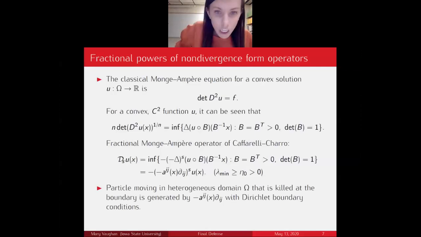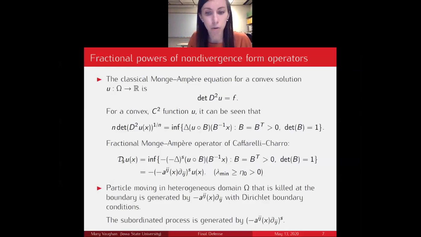Another place we see these operators is in the theory of diffusion processes. If we consider a particle moving in a heterogeneous domain that is killed when it leaves the boundary, so it is terminated there, this process is generated by a non-divergence form operator with Dirichlet boundary conditions.